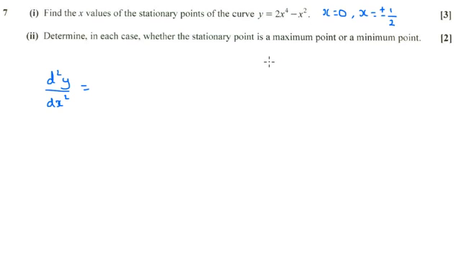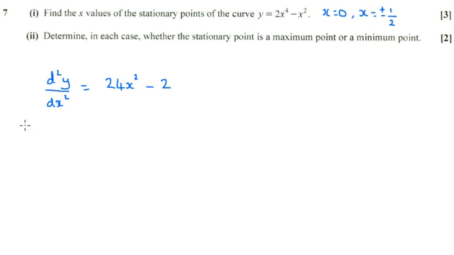So the initial derivative was 8x cubed take away 2x. So when we differentiate that again, 8x cubed is going to go to 24x squared, and the minus 2x is going to differentiate to just minus 2.